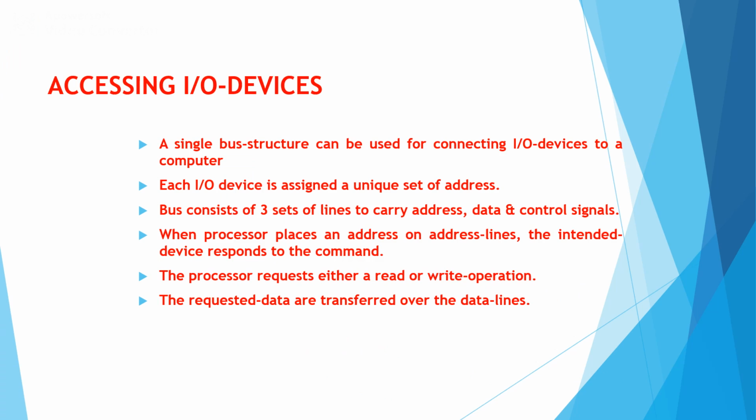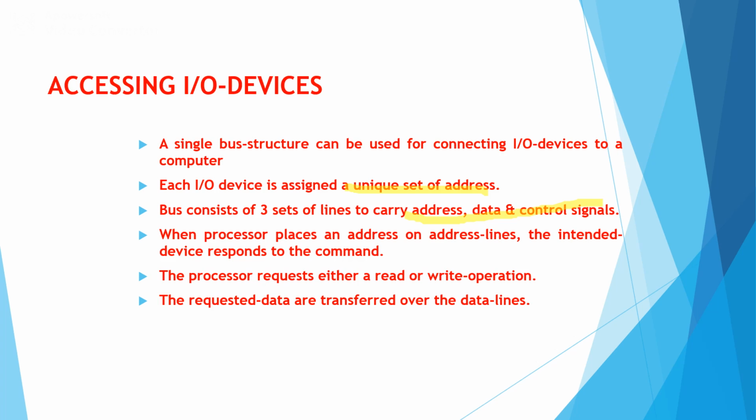Now the question comes, how can we access the I/O devices? As I mentioned before, all the I/O devices are connected to a single system bus, and each I/O device will be assigned a unique set of addresses. The bus consists of three sets of lines in order to carry the data, address, as well as control signals.